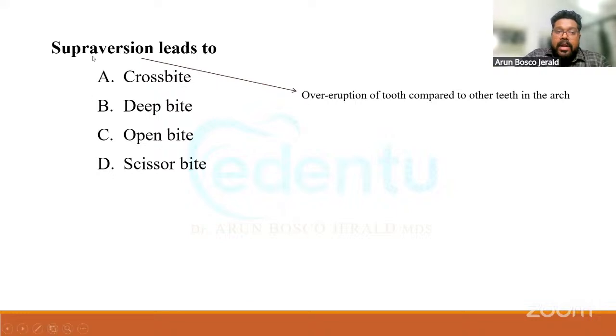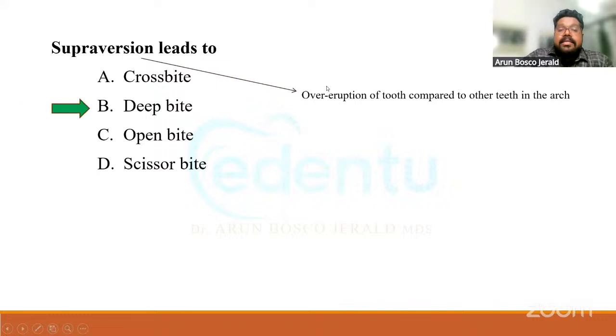The term supraversion is used to classify the intra-arch relationship. This is not an inter-arch relationship classification. It is a nomenclature used to indicate the intra-arch relationship. So supraversion is the over-eruption of a tooth or teeth compared to other teeth in the arch.